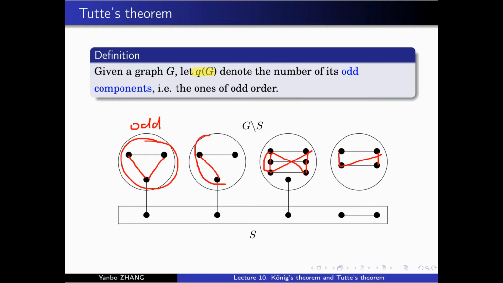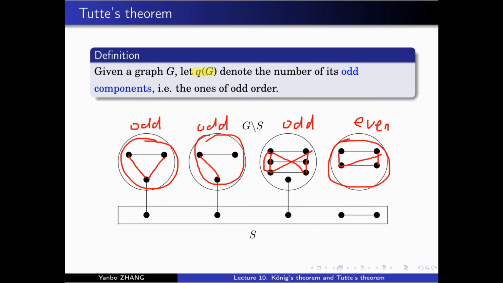So is this one, 3 vertices, odd component. And this component has 7 vertices, so this is an odd component. The last component has 4 vertices, so this is an even component. Note that this is an even component, but this is not an even graph.